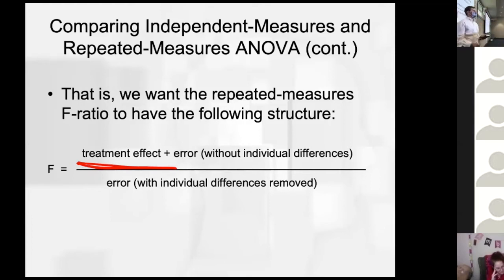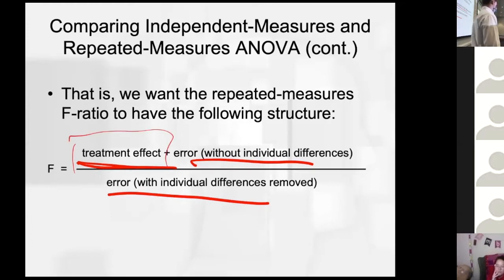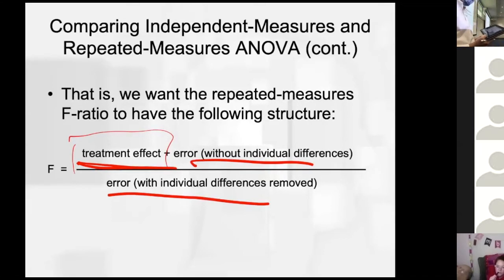So again, it's still conceptually the same thing. We have the same error notation, numerator and denominator, with that treatment notation up there as well, such that now we can see how many times bigger is that treatment effect than the other variance.